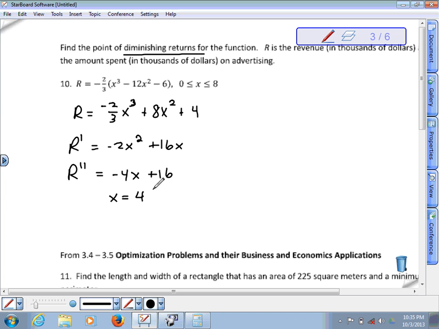Now just to check that this really is a point of diminishing returns, we have to check that the graph is switching from concave down to concave up. So in the second derivative, we can test a 3 and we can test 5.